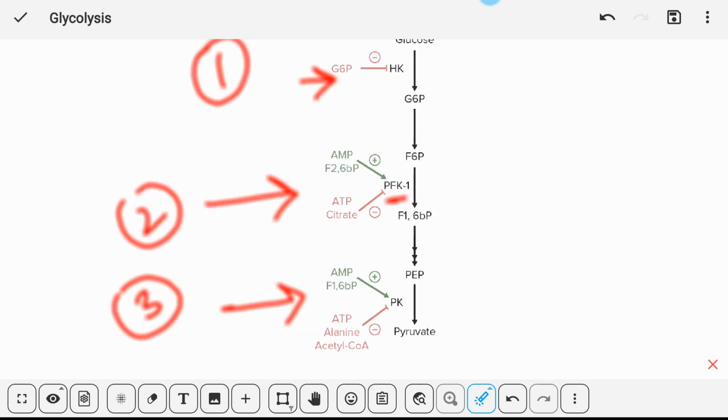Here, look at the activators of the pyruvate kinase enzyme. First, we have AMP, a low energy signal. As stated earlier, it will activate pyruvate kinase, and the other thing is fructose 1,6-bisphosphate.